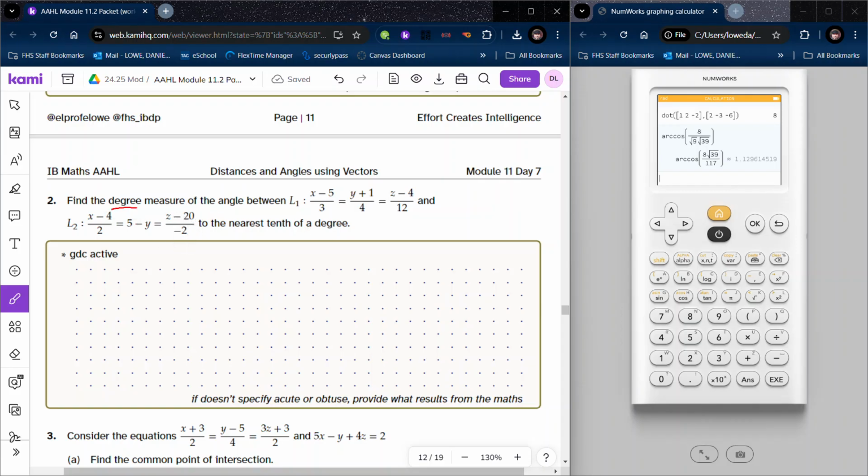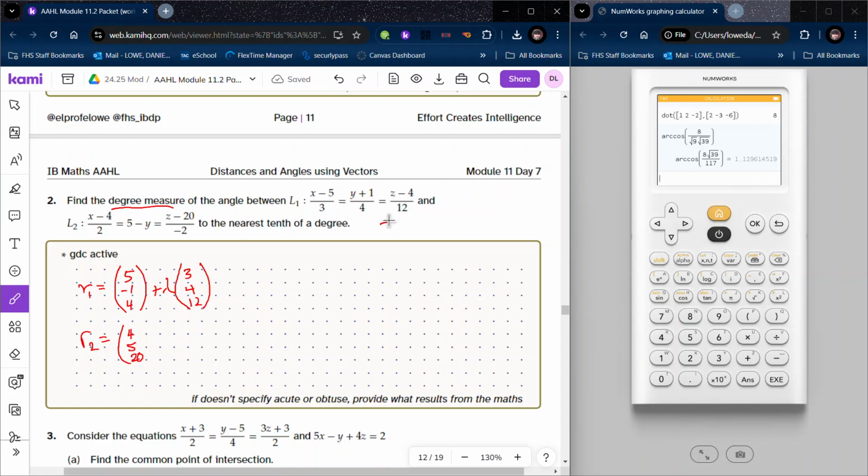So here we want the degree measure, and what's going to be important is that we can recognize the form of our equation. So my first line has a point 0.5, -1, 4, and it has directionality 3, 4, 12. My second line has the point 4, 5, 20.